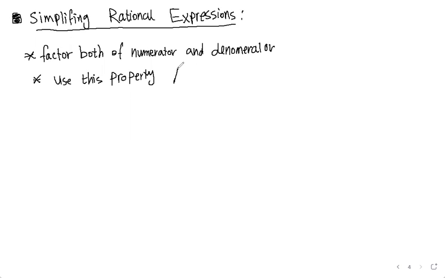The property says A C over B C, I can cancel C with C, and this is going to give me A over B.